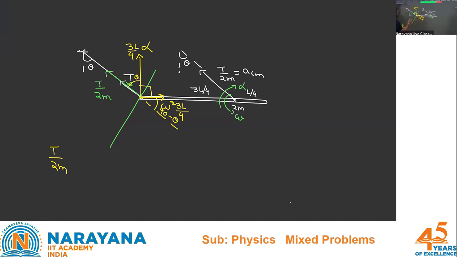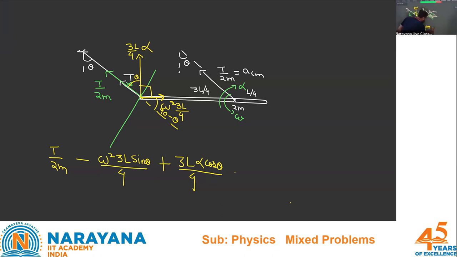So what I should write is T by 2m minus omega square 3L by 4 cos(90 minus theta), so that is the sin theta term, and plus 3L alpha by 4 and cos theta term for this guy, this term.